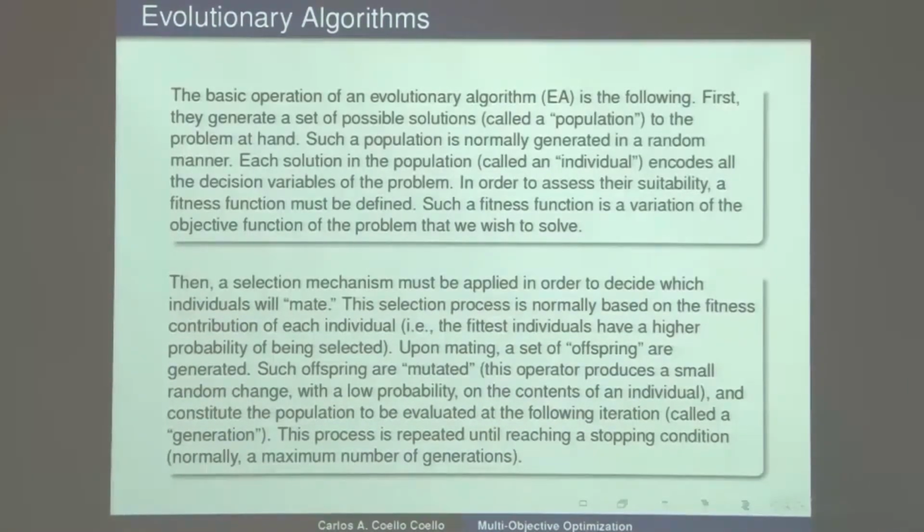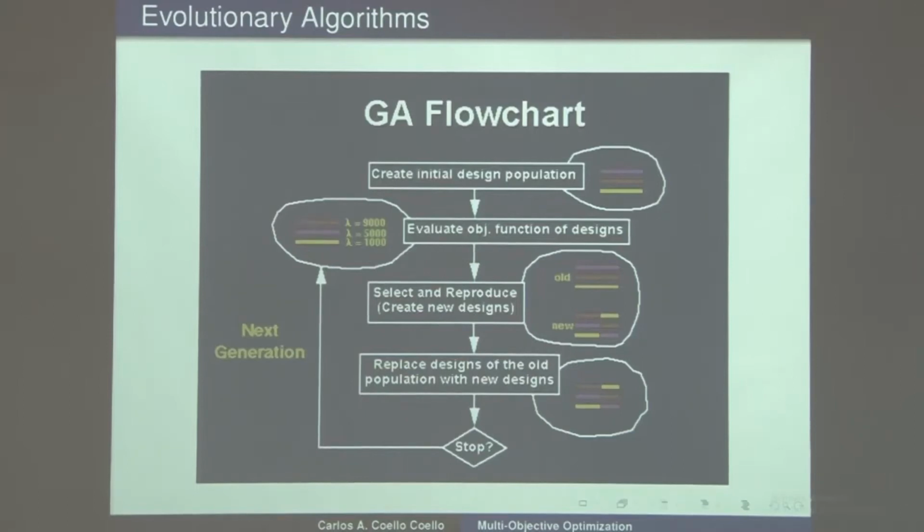So the basic way in which an evolutionary algorithm operates is very simple. And I think I have a picture here. Yeah, it's easier with the picture. You start by designing a set of solutions. We call this the population. This set of solutions is randomly generated. Normally, a uniform distribution is used. And this initial population, you evaluate each solution.